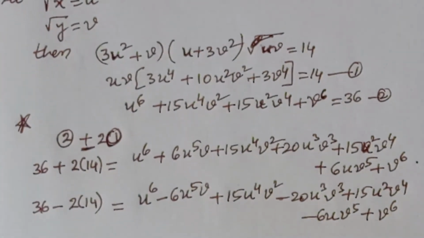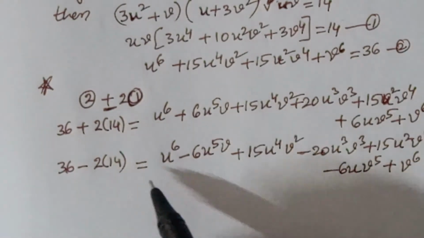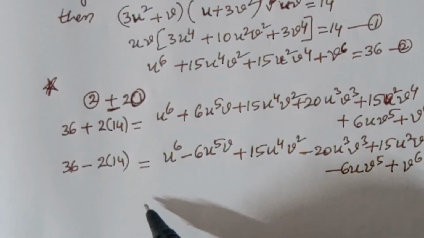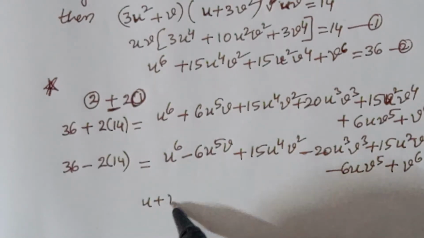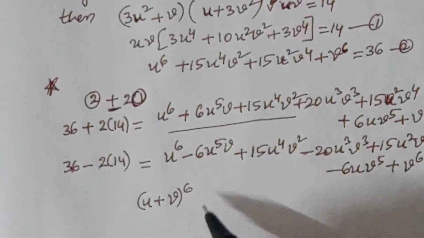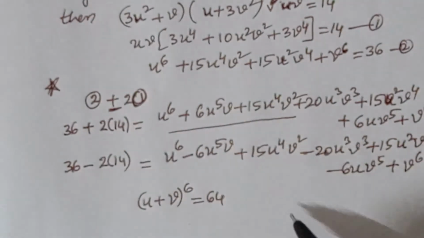By binomial expansion, the right-hand side will become (u + v)⁶ is equal to 36 + 28, that is 64.